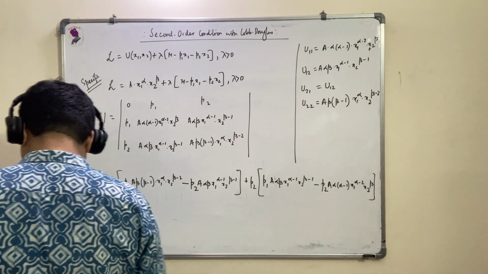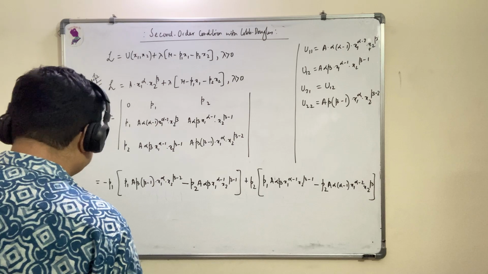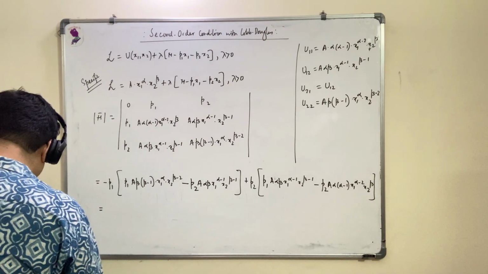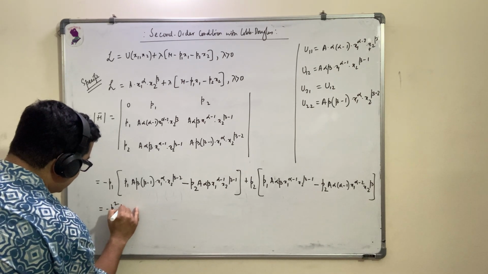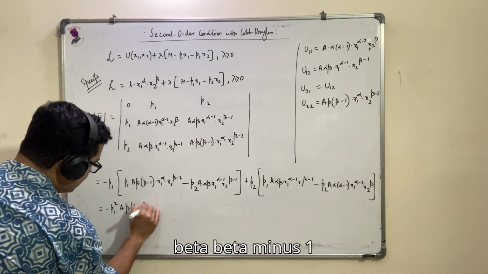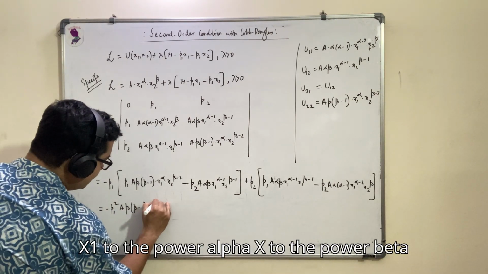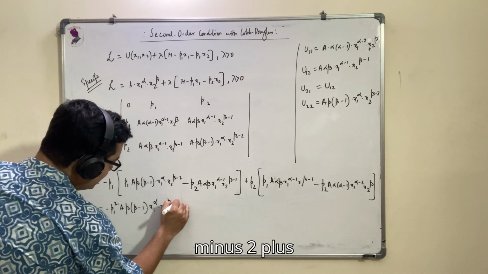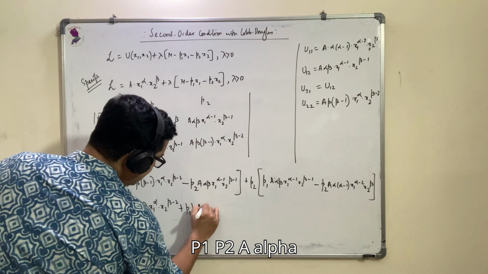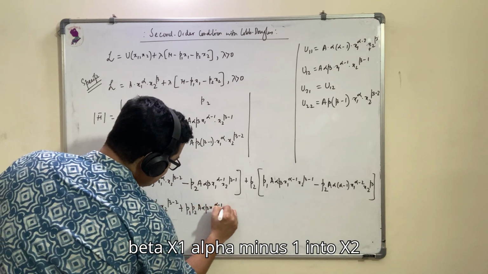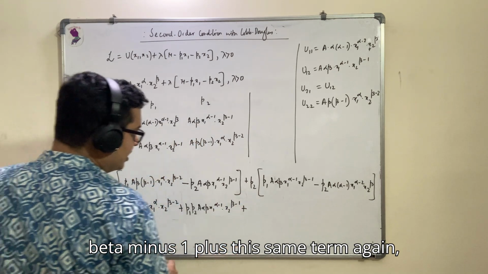Now if we... okay, so minus P1 square A beta minus 1 x1 to the power alpha x2 to the power beta minus 2 plus P1 P2 A alpha beta x1 to the power alpha minus 1 into x2 to the power beta minus 1 plus this same term again.